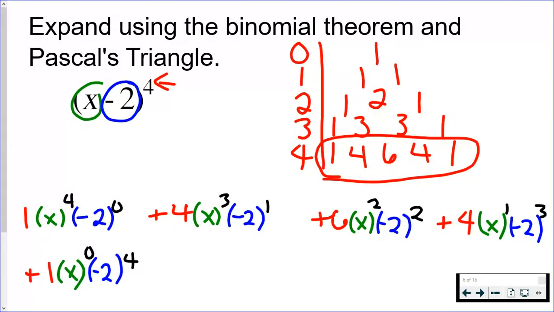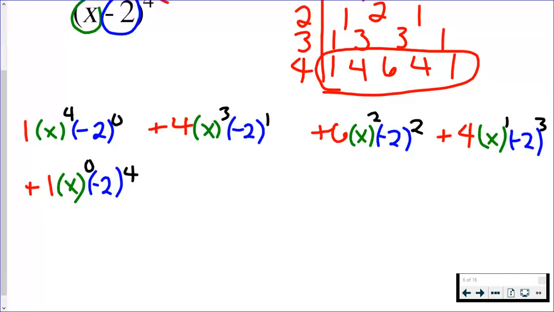The last thing I need to do is simplify these 5 terms, and I have my expanded expression. So for this first one, I've got 1 times x to the 4th times -2 to the 0 power. Anything to the 0 power equals 1. So that term becomes 1 times x to the 4th times 1.